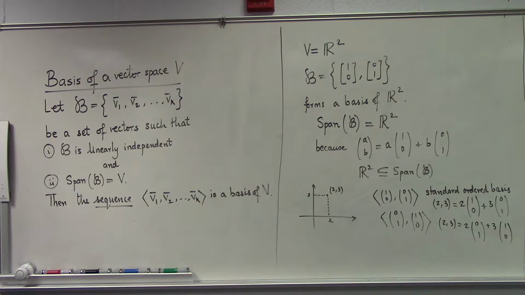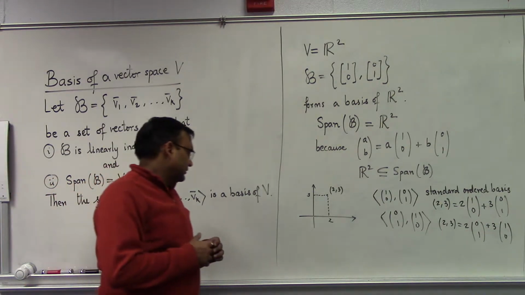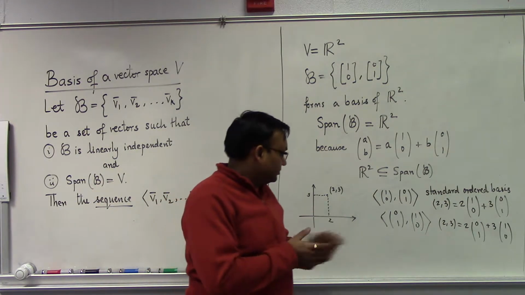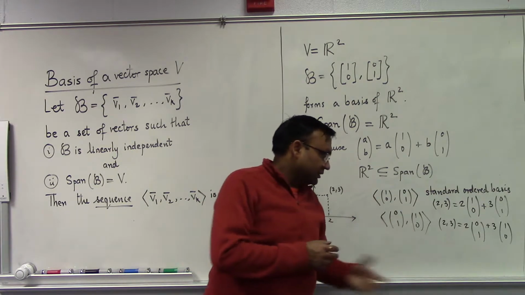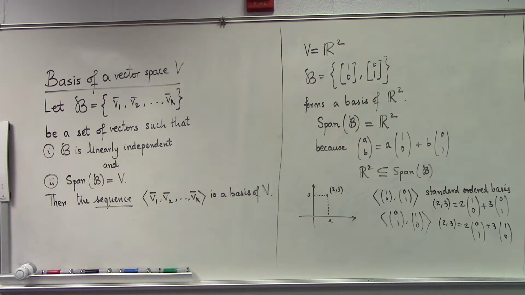Okay. Now, remember every time I have used the words "a basis". I never said "the basis". That means there could be more than one basis for a given vector space. So you may say, oh well, it is obvious. If you change the order, you're going to get a different basis. But is that the only reason? Or can I create a completely different basis, not made up of those vectors?